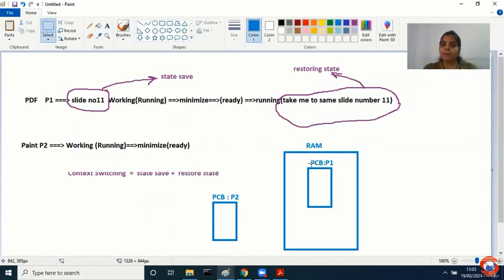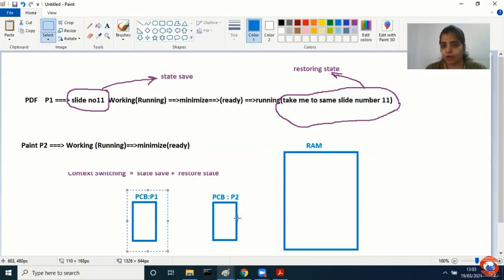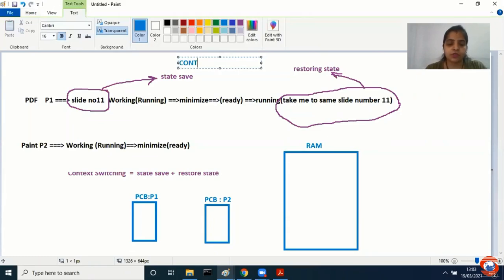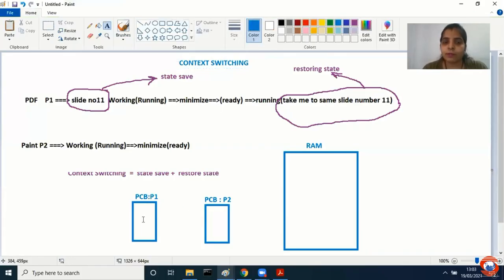Next, when I minimize it, the PCB of P1 is brought back to the disk or somewhere aside. Then the PCB of P2 gets loaded into RAM. Again, the PCB of P2 may be brought out of it. So this switching from one process execution to another is called context switching. Whenever we perform context switching, the PCB of that process is either brought into the RAM or brought out of the RAM. And context switching of the processes basically follows state save and state restore.